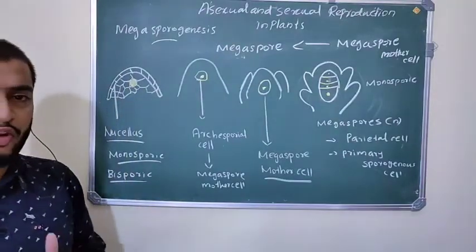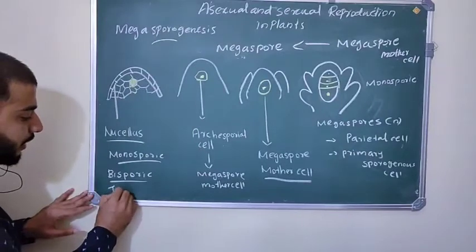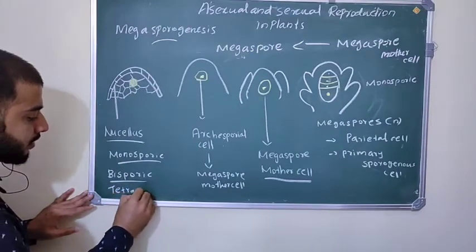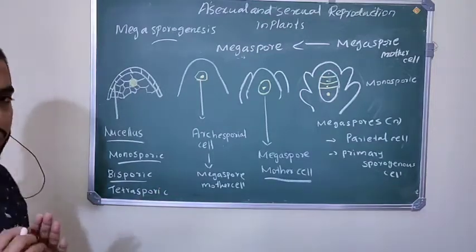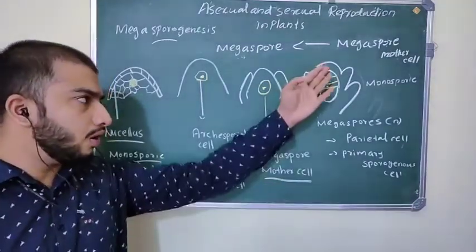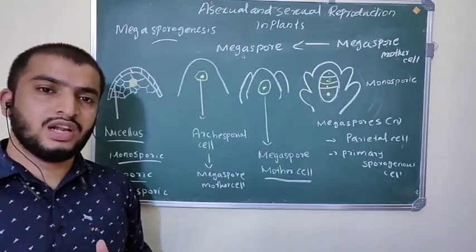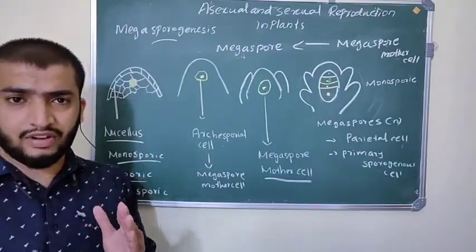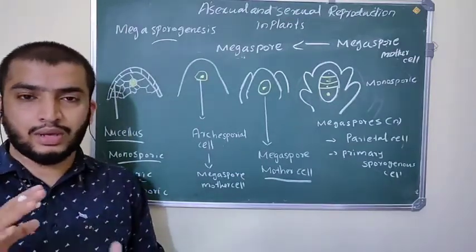The third type is called tetrasporic development. In tetrasporic development, all four megaspores become functional and develop into the embryo sac.